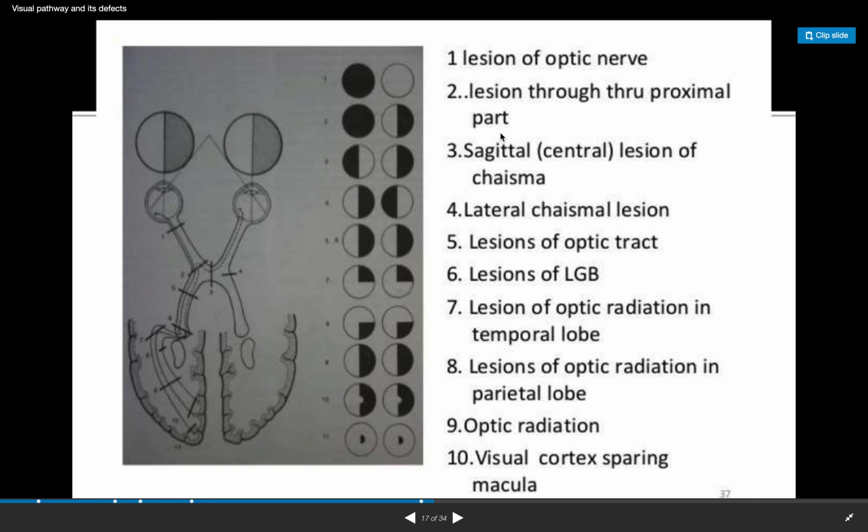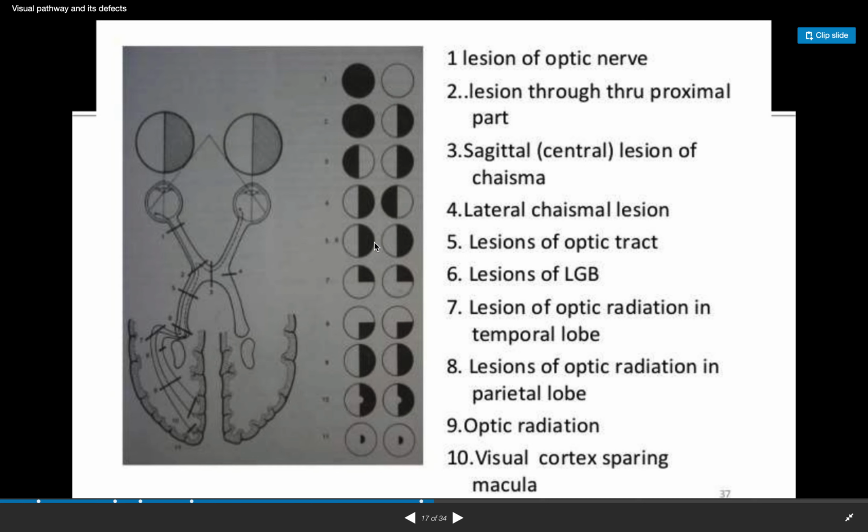Lesion in the proximal part, this is number 2, proximal part of the optic chiasma, one eye will be completely blind, and the other eye will be half blind. Central part of the chiasma lesion, there will be bitemporal hemianopia. Lateral part of the chiasma lesion, there will be binasal hemianopia, number 4.